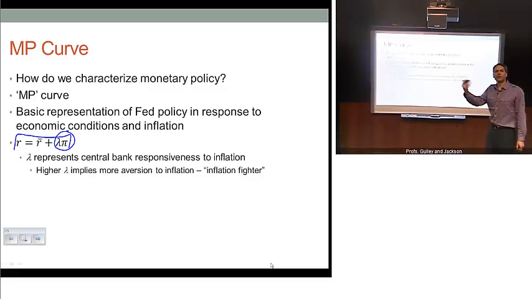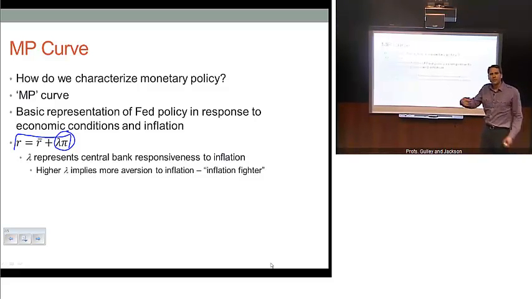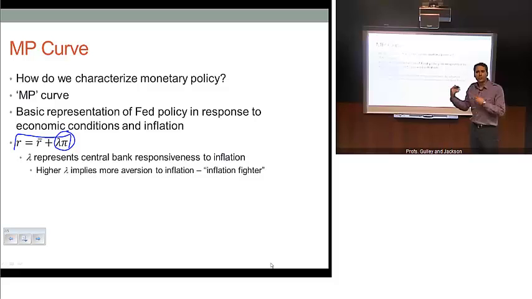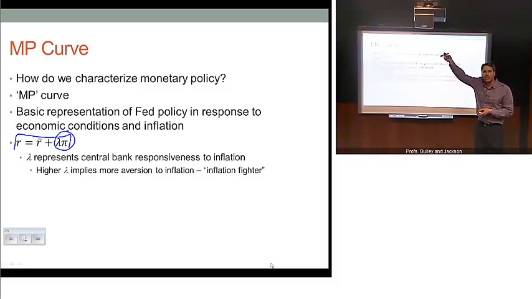Intuitively, you can think of a higher lambda as meaning that the central bank is more of an inflation fighter, or an inflation hawk, if you will. If inflation goes up, and lambda is higher, that's going to result in a much higher increase in the real interest rate, which, as we have talked about in the past, means it's going to be contractionary to the economy to try to push inflation back down.